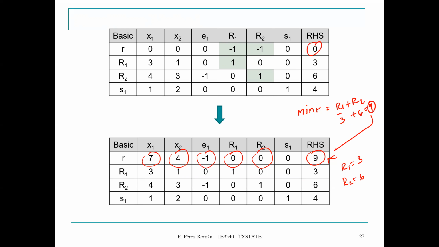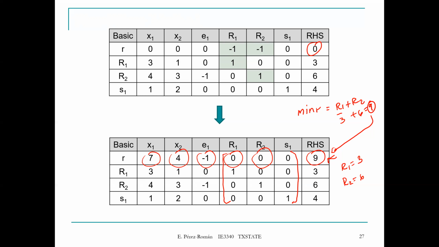So this 9 is the value that we observe here. In addition, we have the identity matrix now in the right format with zeros and 1. So this is consistent. The question now is, for this first tableau, do we have an optimal solution?